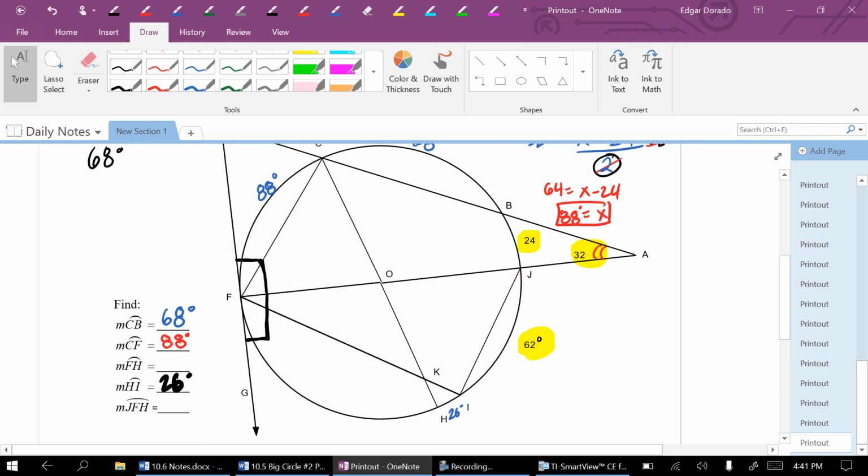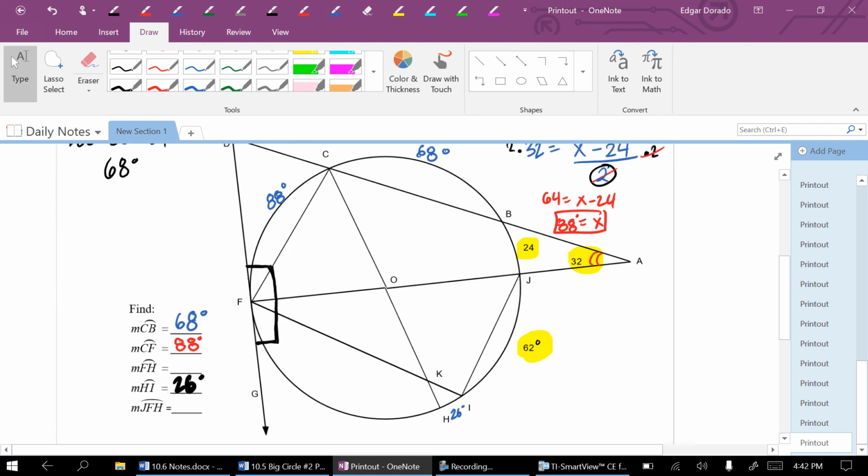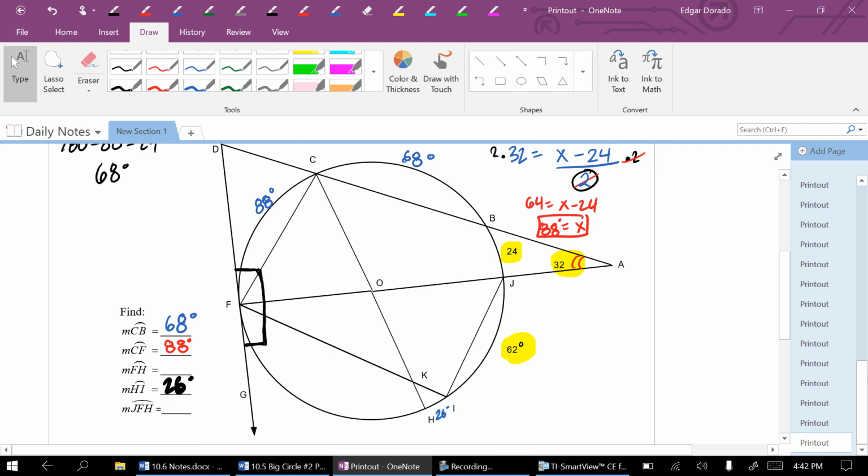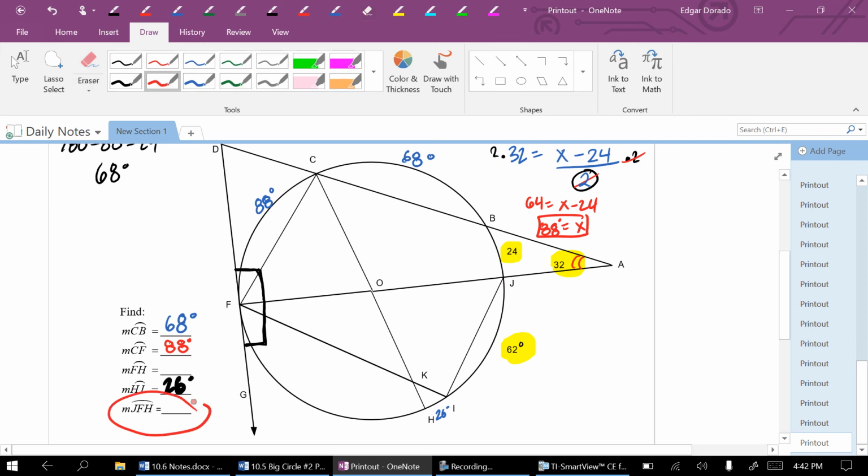So there's actually only, let's see, FH, and okay, J, F, H. So this is a bigger major arc right here that we can find once I actually find the measure of FH. I'm going to go ahead and find that one next. So FH is right here. And once again, guys, I already know a lot of good information.